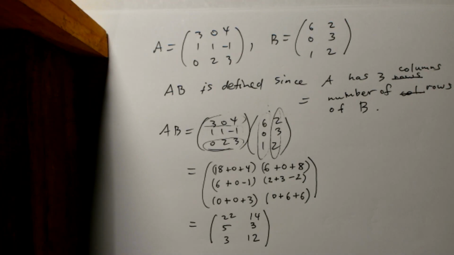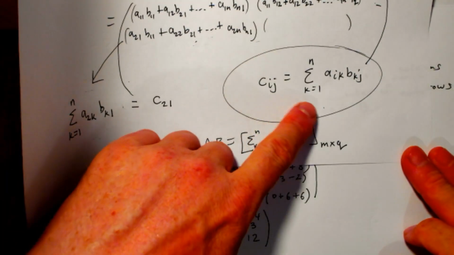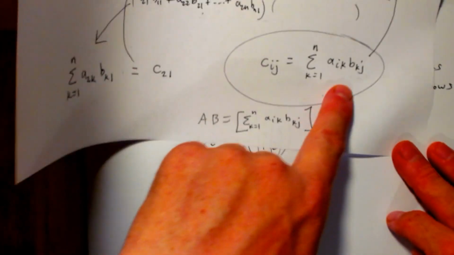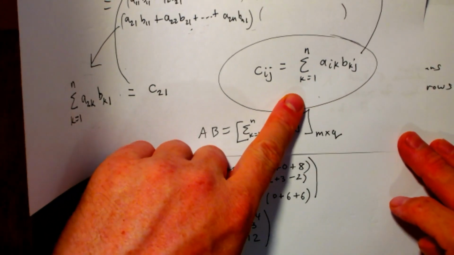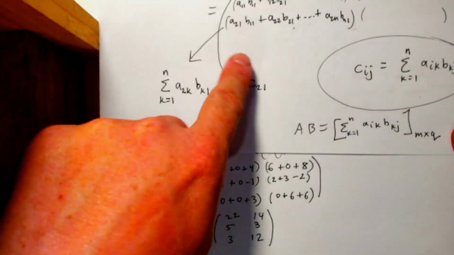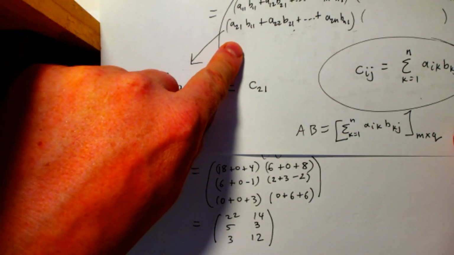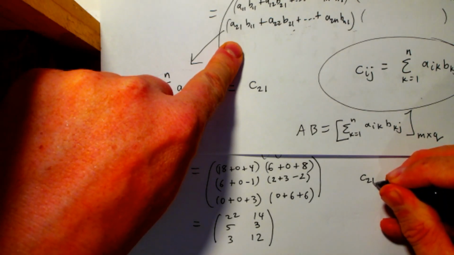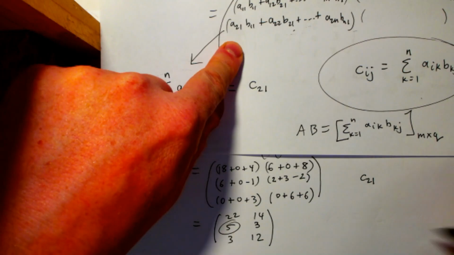Now, if I were to do this in summation notation, which would be a pretty bad idea, what would I be doing? Well, in summation notation, I've described the generic entry. So, if I were to seek out the entry in the product, the 21 entry, then I would have, say, C21, which would be this 5 incidentally.